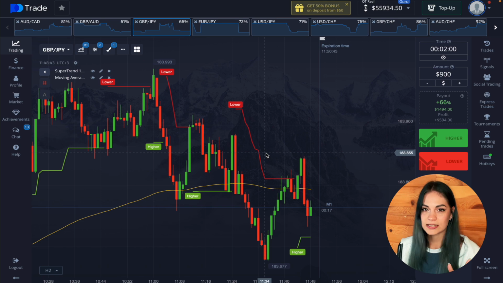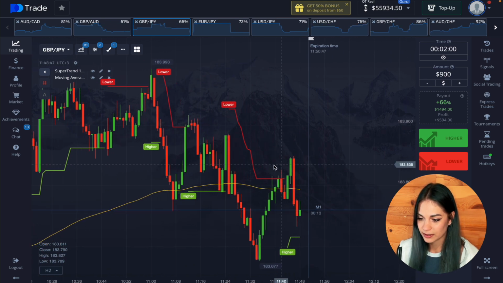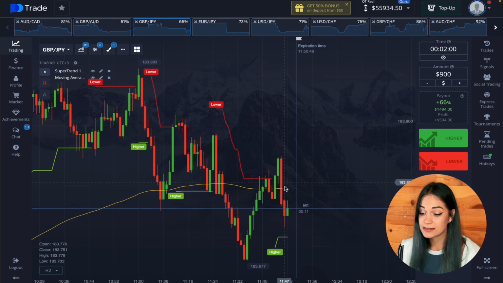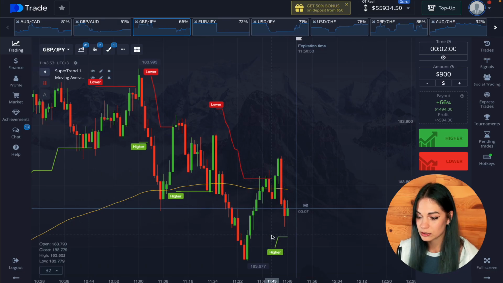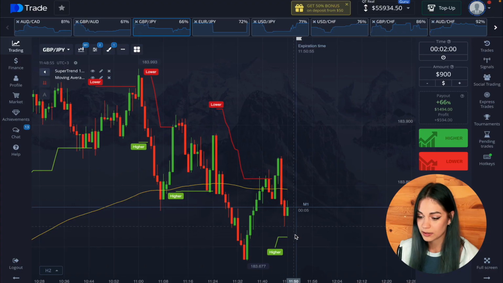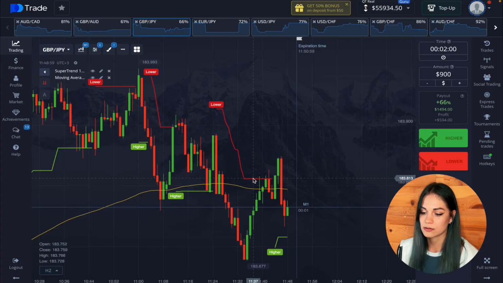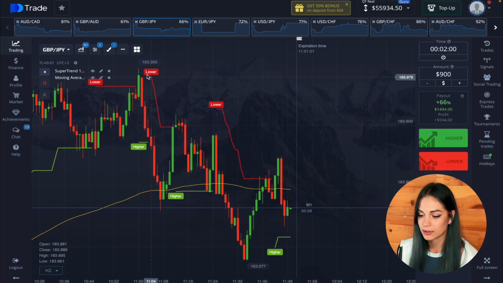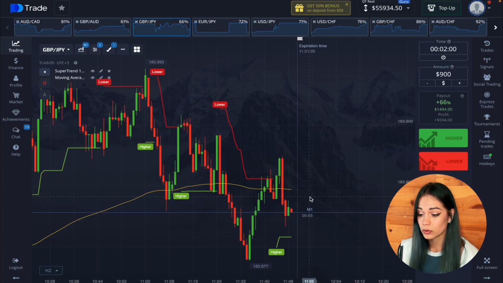So let's get started. Let's get down to business and let's look at what we have right here. We see that right now the price is getting closer to the super trend level, and maybe we're gonna get the signal for us to open the deal for a downtrend, because you can see that there is a downtrend, really good one.